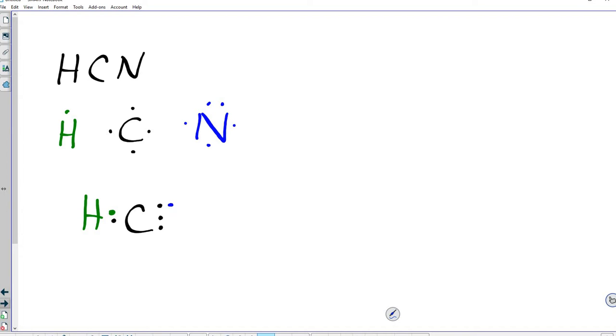I can put my nitrogen in as sharing 3. That leaves 2 that are not shared, so they're going to go exactly opposite. Now remember, once we do this, we don't want to leave the dots because that's a lot of dots. So we go carbon is attached to hydrogen and triple attached to nitrogen with 2 extra left over. What kind of bond is that? Triple bond.